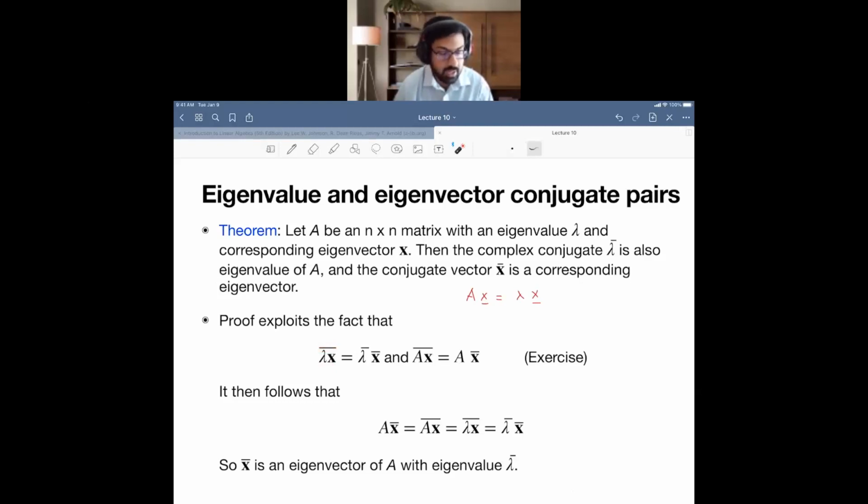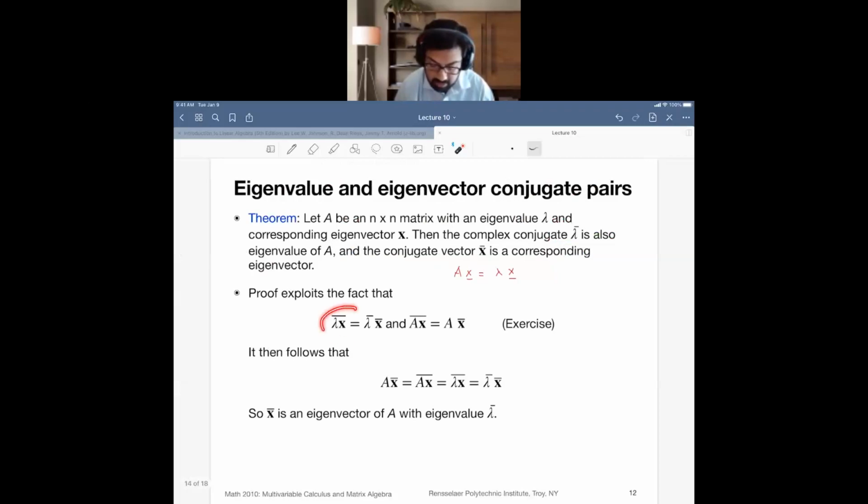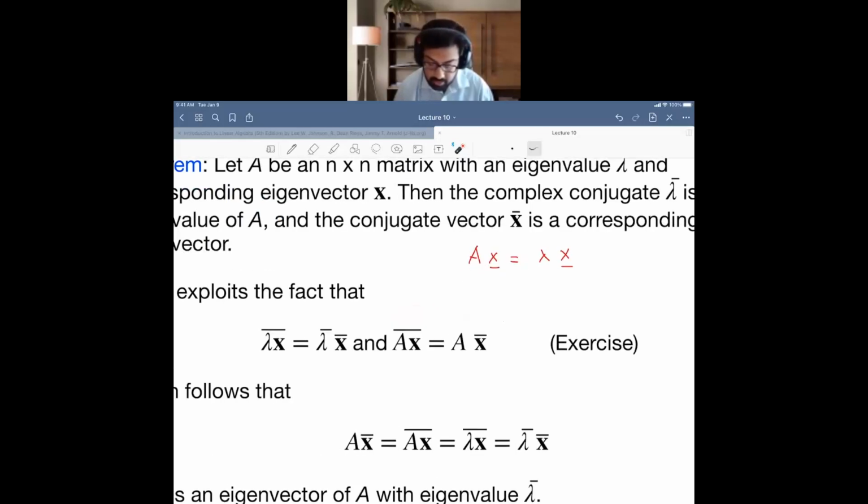We just saw that, based on the property, the conjugate of the product is going to be the product of the conjugates. So you have lambda conjugate here, x conjugate here. The other thing that we are going to exploit is that Ax complex conjugate is going to equal A conjugate multiplied by x conjugate. However, A conjugate will equal A because A is real.